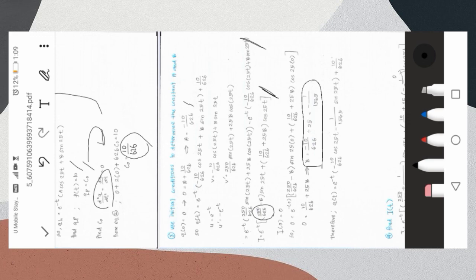Then we can get what q(t) is. Sorry, this one is A, and this one is B. So we can get q(t).